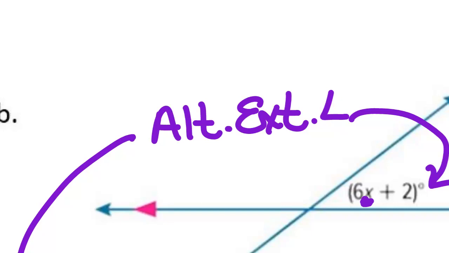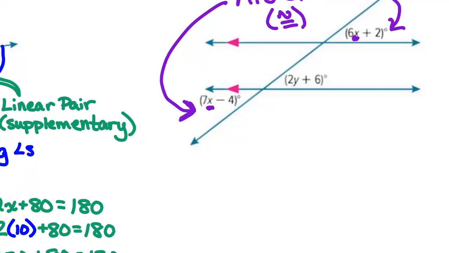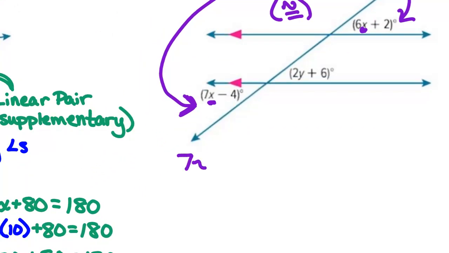What's the relationship between alternate exterior angles? Congruent. Opposite sides of the transversal are congruent. And with congruent things, I can set them equal. So 7x minus 4 equals 6x plus 2.